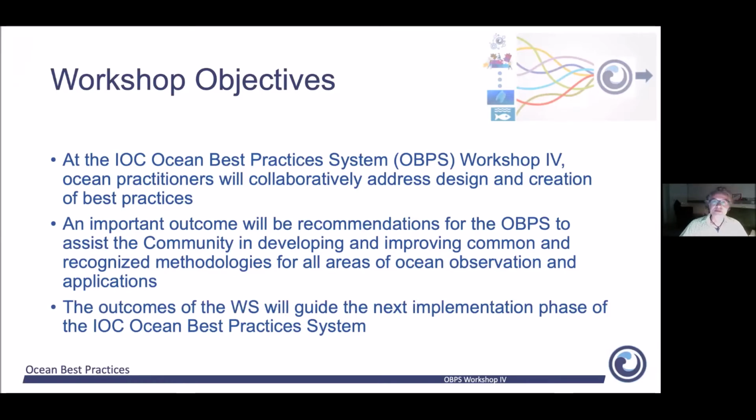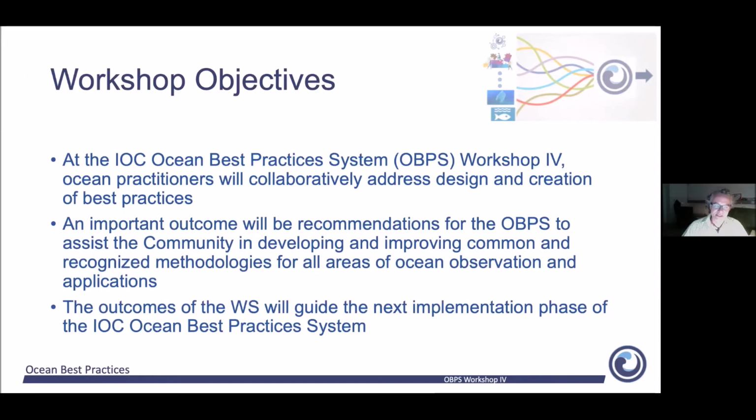So the Ocean Best Practices System, OBPS, Workshop 4. That is a workshop for ocean practitioners, and we hope with this workshop that we can all collaboratively address the design and creation of, ultimately, best practices.